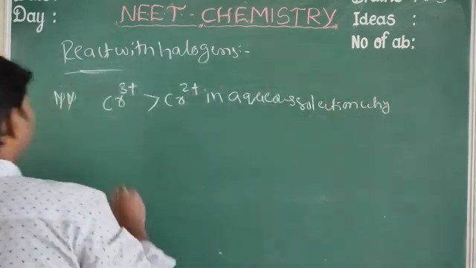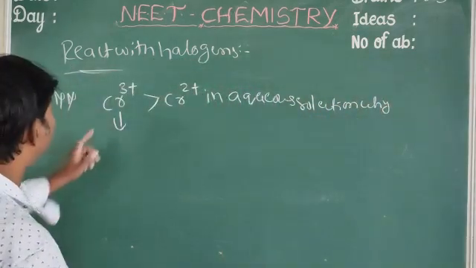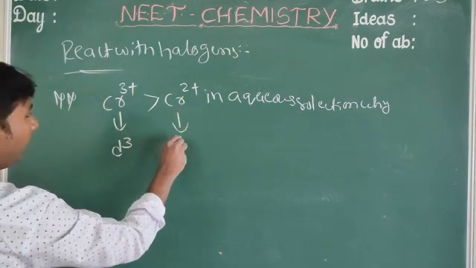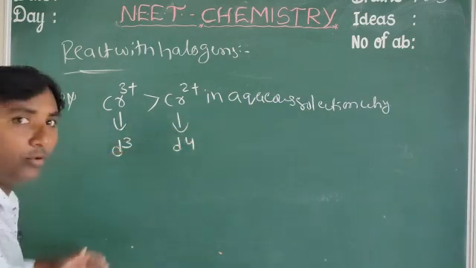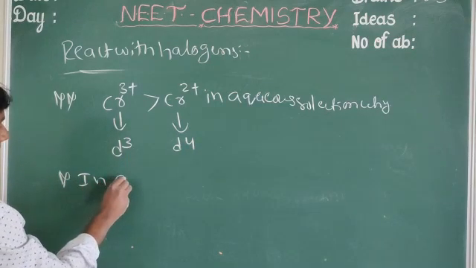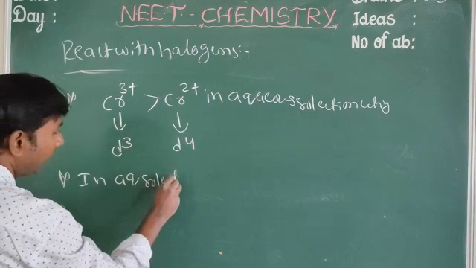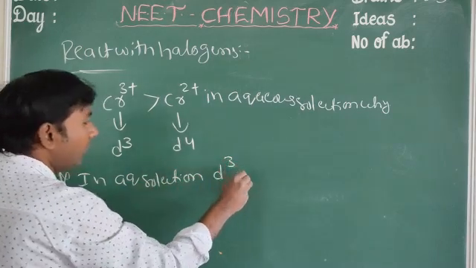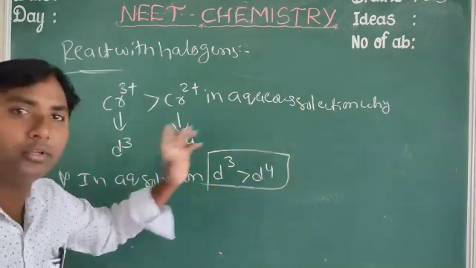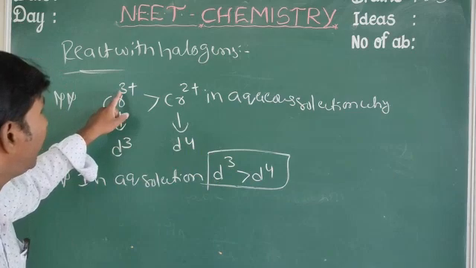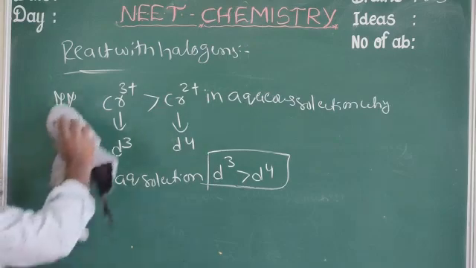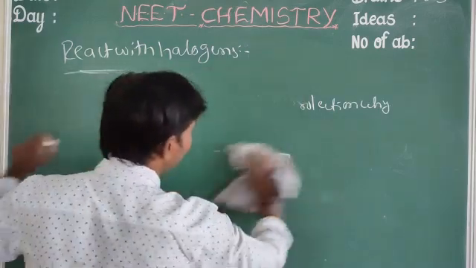Cr3+ is d3 and Cr2+ is d4. In aqueous solution, d3 is more stable than d4. That's why Cr3+ is more stable than Cr2+. A question like that.